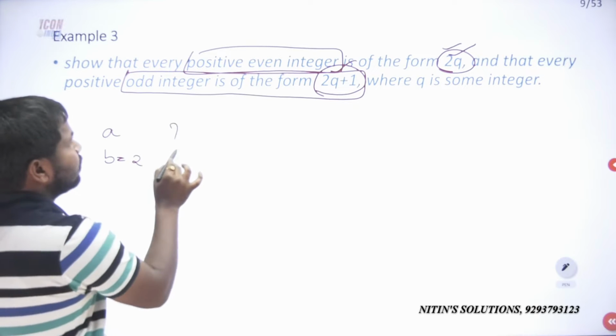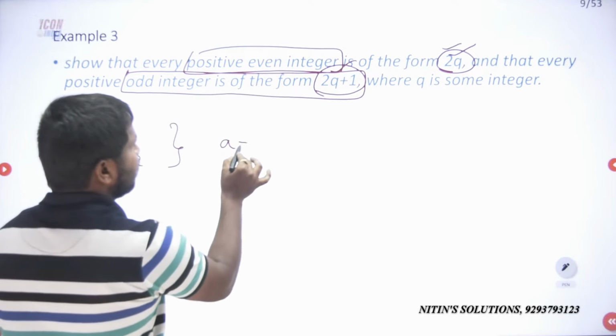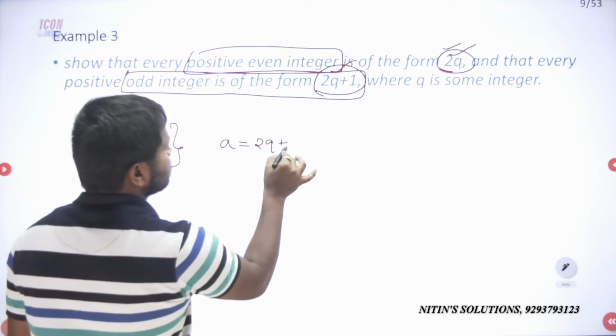Now, according to Euclid's division algorithm, I can write a is equal to 2q plus r.